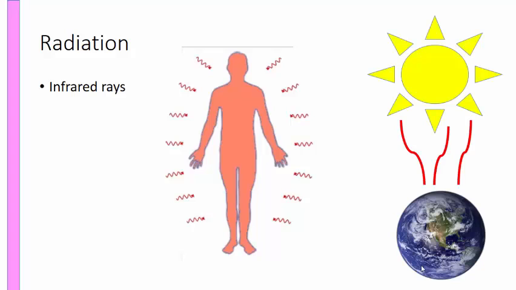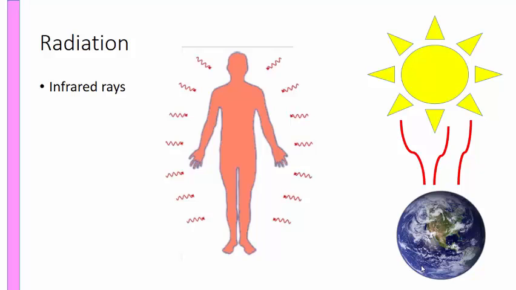Another example of radiation is how the sun sends infrared rays to the earth and heats up the earth via radiation. So I talked about how the first 3 heat loss processes work through a temperature gradient. So this means that all 3 of those can go either way. If the atmosphere is a lot warmer than my core body temperature, then I'm actually going to take in heat because heat is going to go from a high to a low temperature.